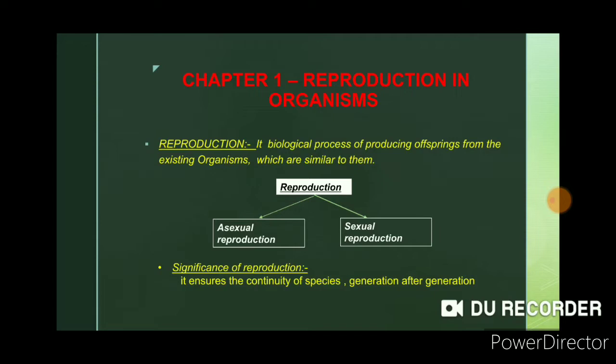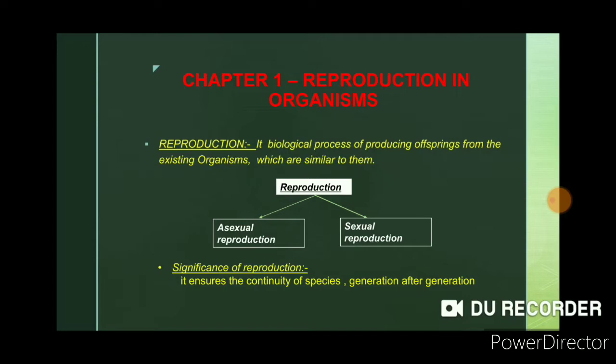It means that the already existing organisms act as parents, they reproduce, or we can say they undergo a biological process of producing offsprings, which is known as reproduction. The significance of reproduction is that it ensures the continuity of species generation after generation.